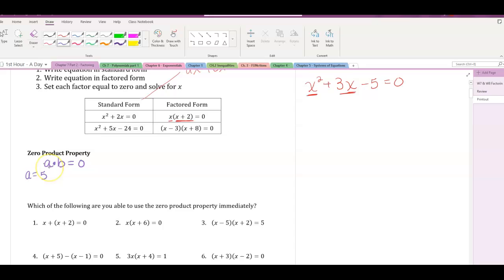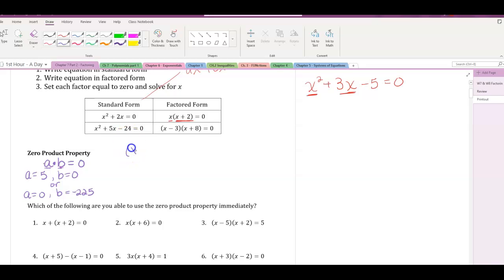If I plug in 5 for A, then B would have to be 0, right? Or I could say A is 0, and then B could be negative 225, okay? And those would both satisfy that equation. Basically, when you multiply anything by 0, the whole thing is 0. So we only need one of the factors to equal 0.